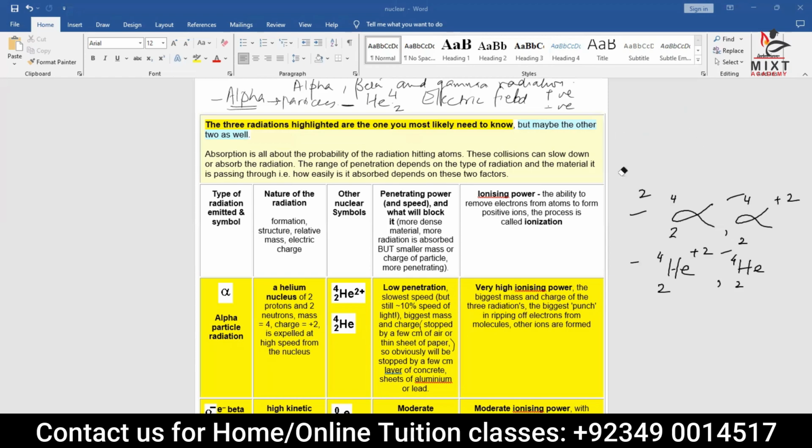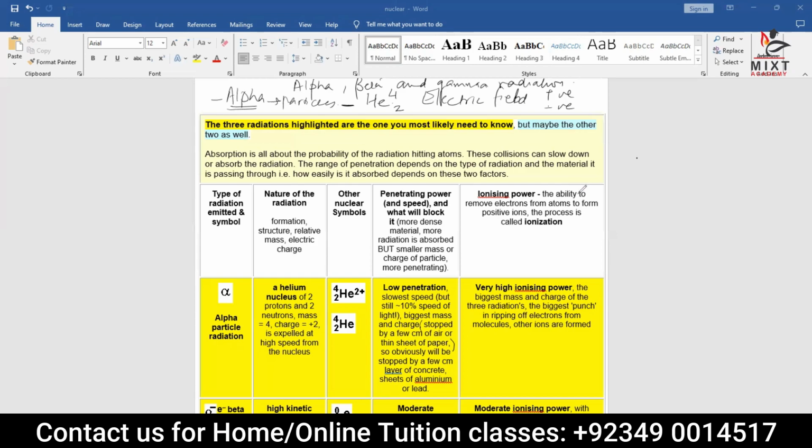So first of all, in the next bullet point, let's write the definition of ionization. Write a small bullet in which write ionizing power and then write the definition.